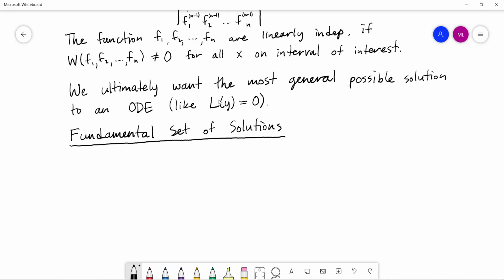So if I can find one function that solves the differential equation, and another function that solves it, and those two functions turn out to be linearly independent, I can combine them to create an even more general solution. If I can find every single one of those possible solutions, then we can create the full general solution. The fundamental set of solutions is the set of all possible individual things that we could plug in to create the most general possible solution.